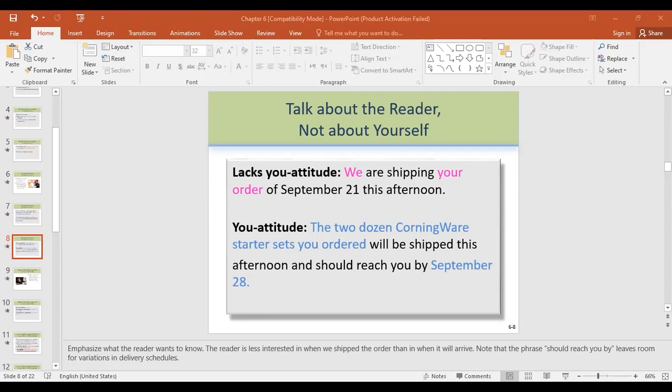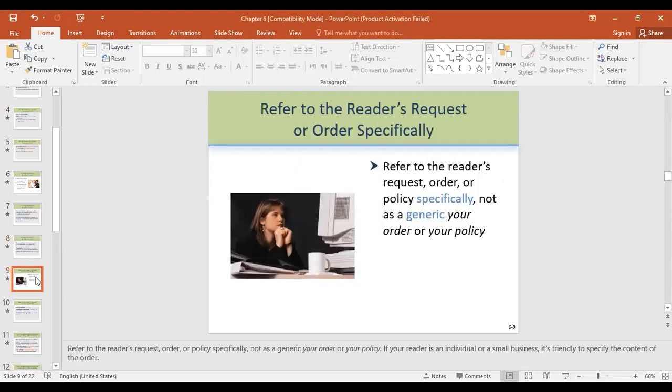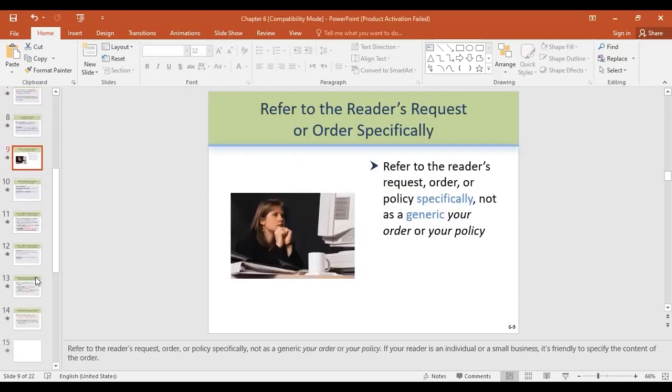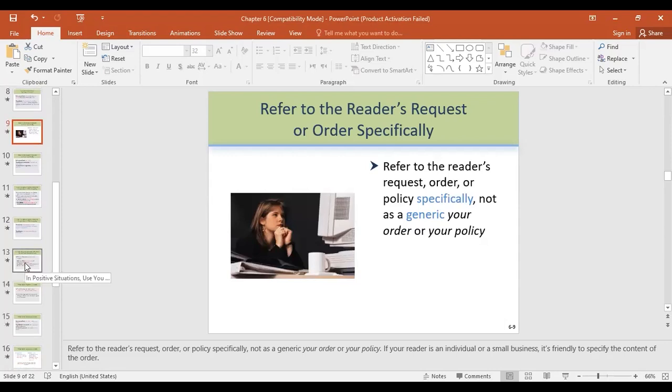Okay, so now let's move to the next slide, which is talking about referring to the reader's request or order specifically. Let's say refer to the reader's request, order, or policy specifically, not as a generic your order or your policy. Okay.